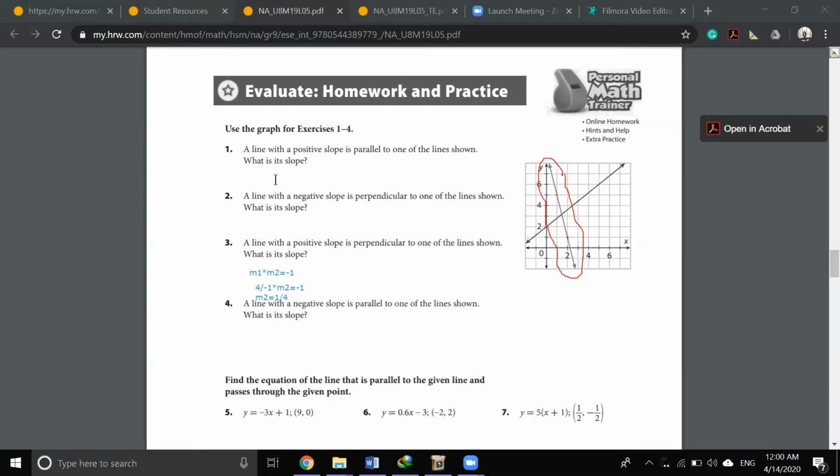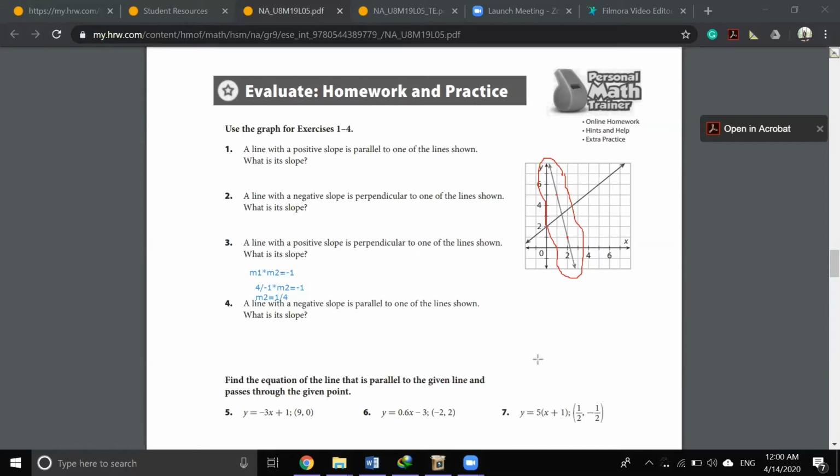Okay, understood? Number 2 and number 4, you are going to do in the same way, but take care when he is talking about a perpendicular line. Remember that 2 perpendicular lines always have different slopes. That's why whenever you multiply them together, they give you -1.